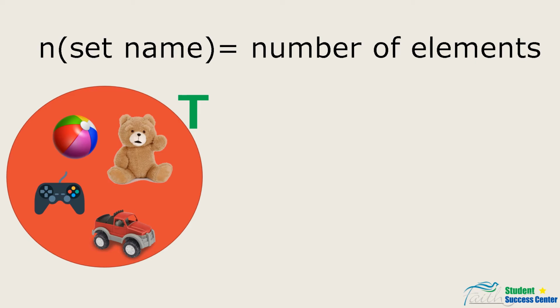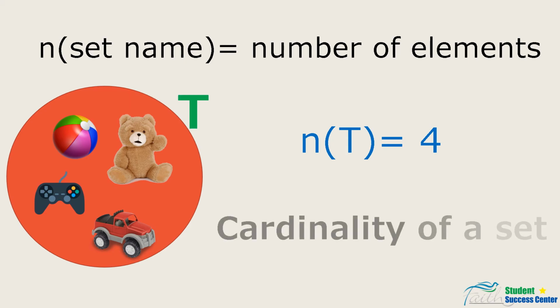For example, the set name for this set is T. So we put n, in brackets, T for the set name, and if we count the number of elements within the set, we realize that we have only 4 members of the set. So we say that is equal to 4. This we call the cardinality of a set.